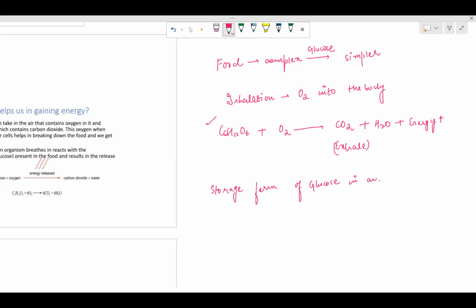It is glycogen. Fine, understood. And the storage form of glucose in plants is starch. Have you people written this? I want you to write these two more points. Okay, ma'am.